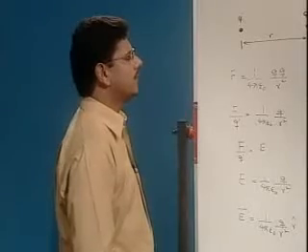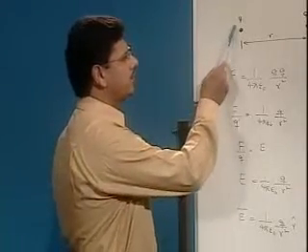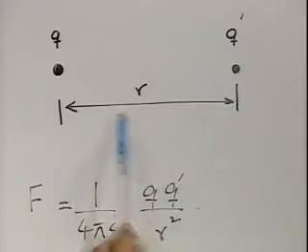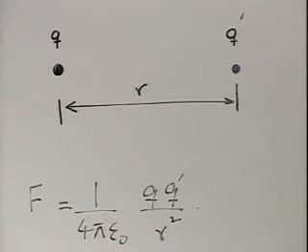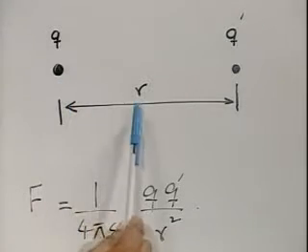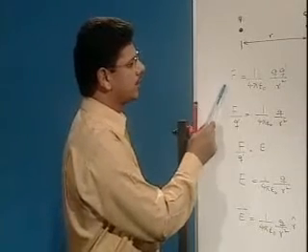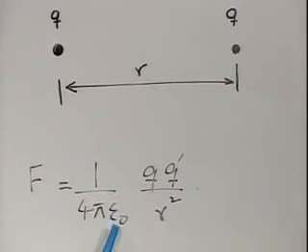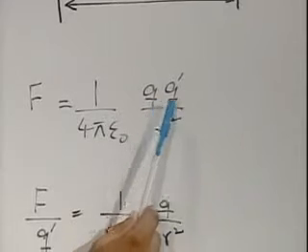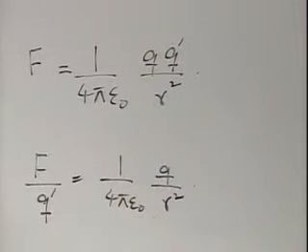We have two charges of magnitude q and q dash placed at a distance r from each other. We will try to find the electric field intensity because of q at a distance r from it. According to Coulomb's law, the force between q and q dash is given by 1 over 4 pi epsilon naught q into q dash over r square.